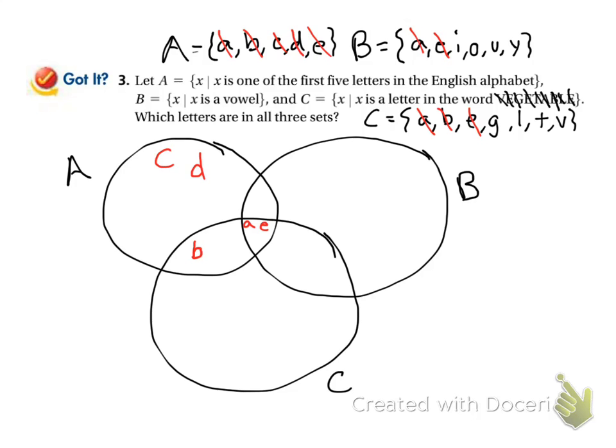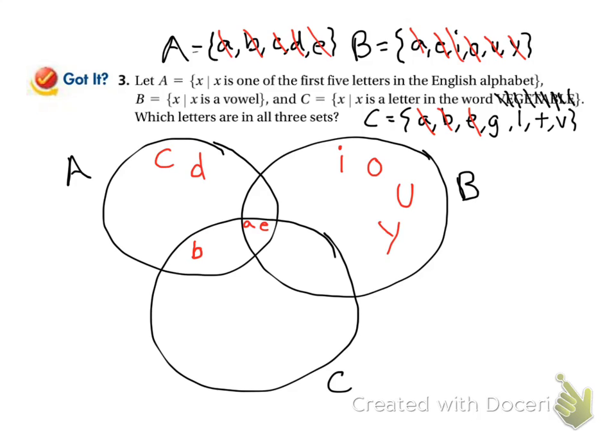So now I'm going to move over to set B. I've got I, and that's the only one that has an I, so I goes in there. I've got an O, and no one else has an O. I've got a U, and no one else has a U. And I've got a Y, and no one else has a Y. B's mostly by itself there. And then I'll finish up C. Since those are the only ones left, I know no one shares them, but you can look if you need to.